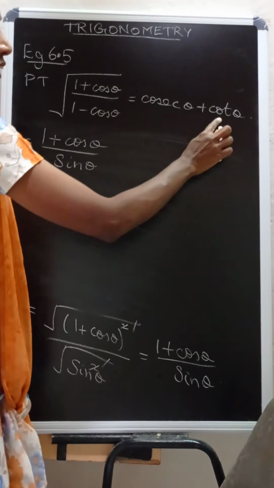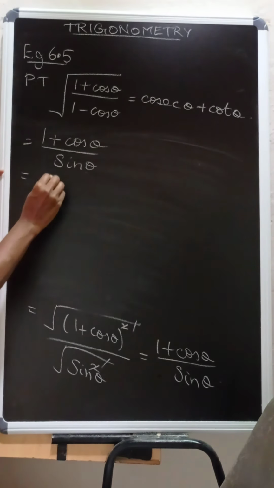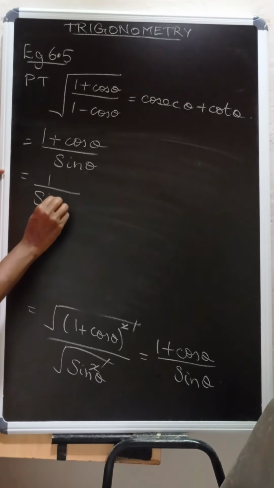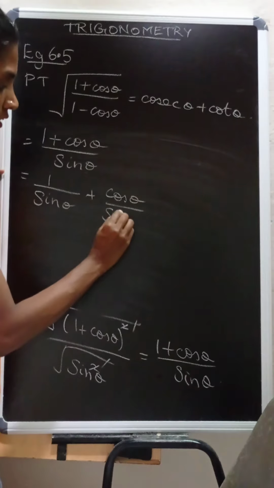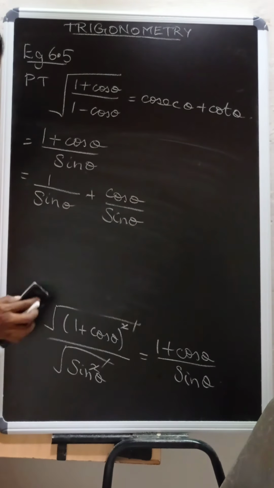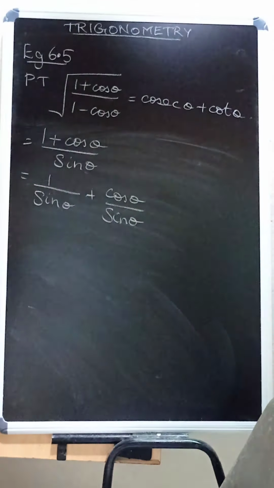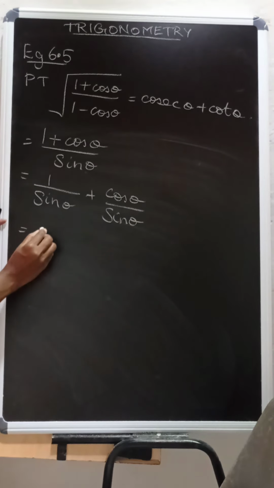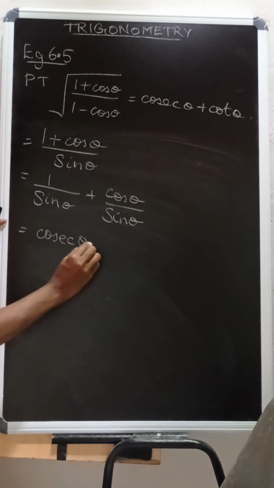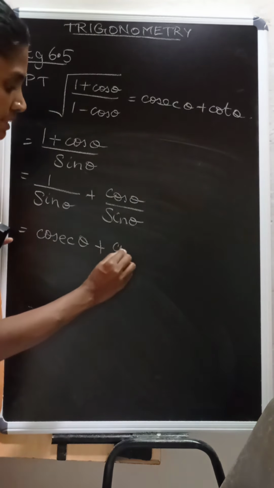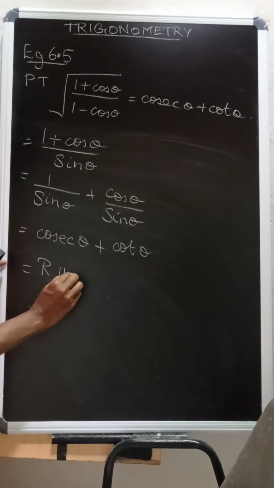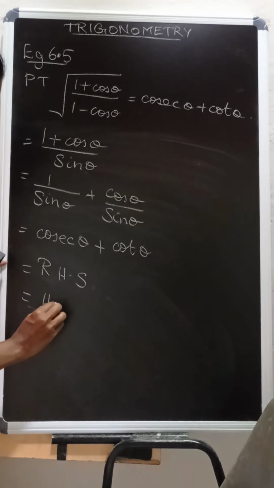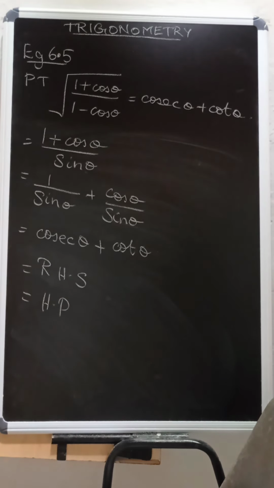You need to prove cosecant theta plus cot theta. Now split this. 1 plus cos theta by sin theta. So now 1 by sin theta is cosecant theta plus cos theta by sin theta is cot theta, which is equal to RHS. Hence proved.